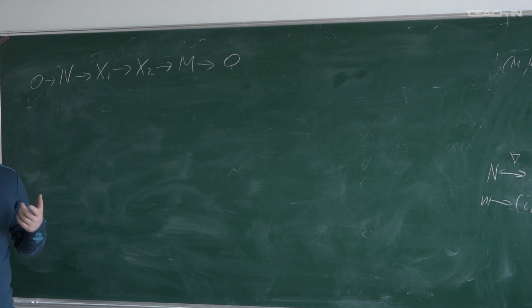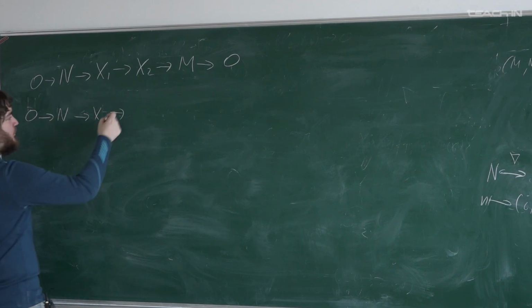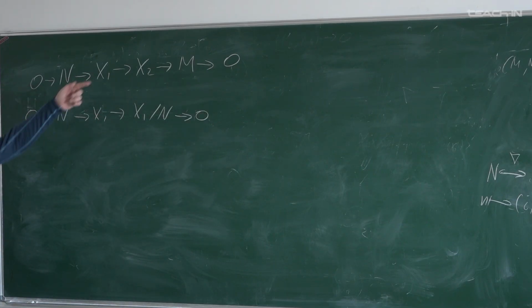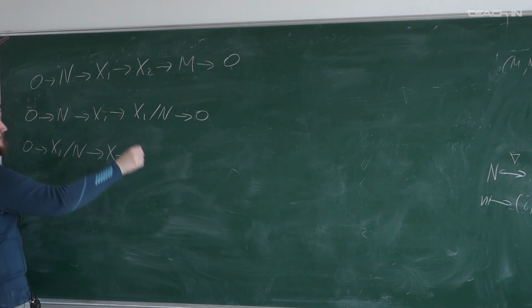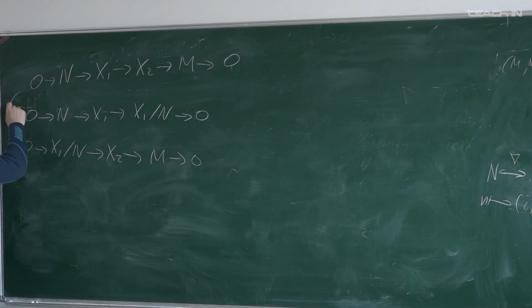I can split it into two short exact sequences: N, x1, the cokernel of this map, a quotient. This quotient embeds into x2, and the quotient of that is M. It's more or less an equivalent thing, from exactness.